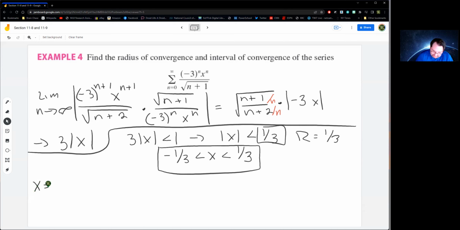So when x is -1/3, I get the summation of n equals 0 of -3x, and then -1/3 x is just -1 to the nth power. Oh, sorry, +1 to the nth power. So it's just 1. That ends up being just 1 for the -1/3 over the square root of n plus 1.